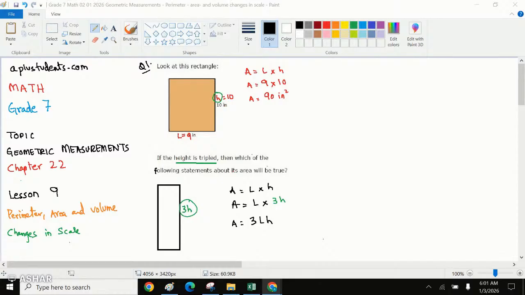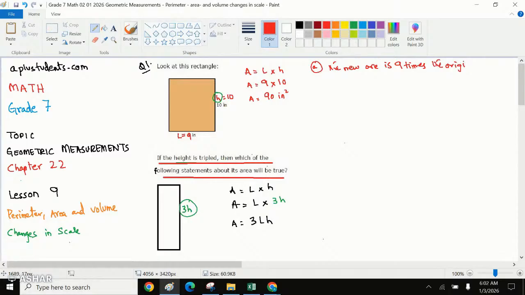Okay. The question over here is which of the following statements about the area will be correct? Let's make some statements over here. Let's suppose statement A says that if the height is thrice, the new area is 9 times the original.